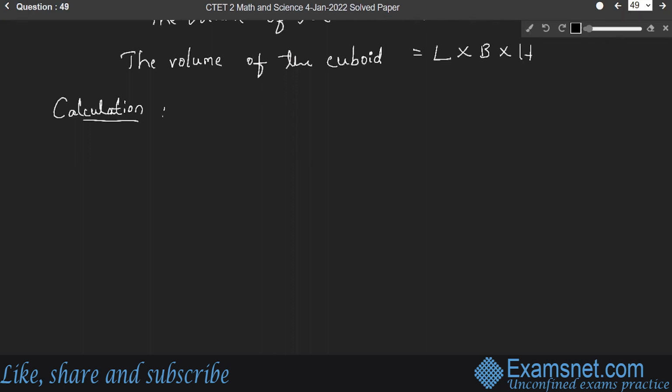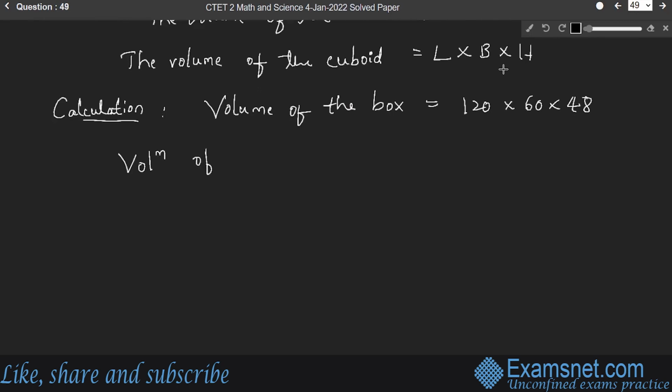So come to the calculation part. Here, volume of the box. What is box here? Cuboidal box. Therefore, it is length into breadth into height. That is 120 into 60 into 48. And volume of each wooden cubes. Each wooden cubes whose dimensions are same, right?